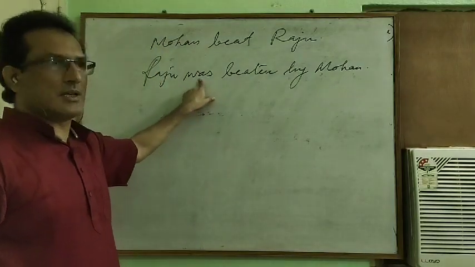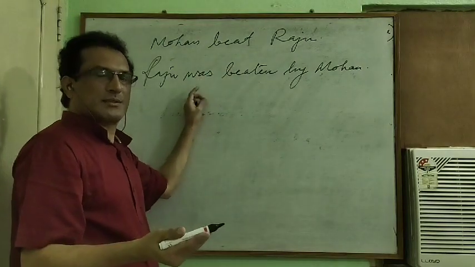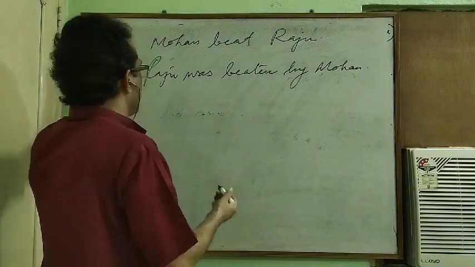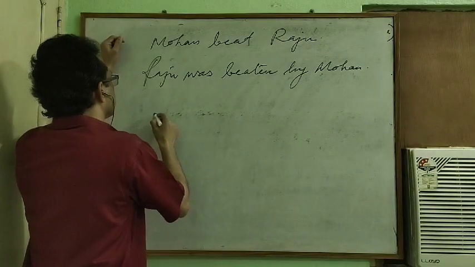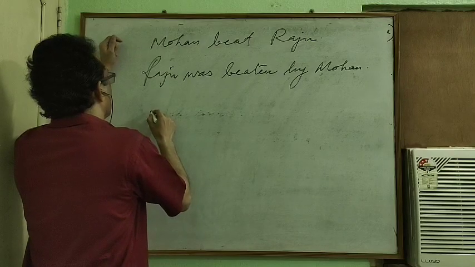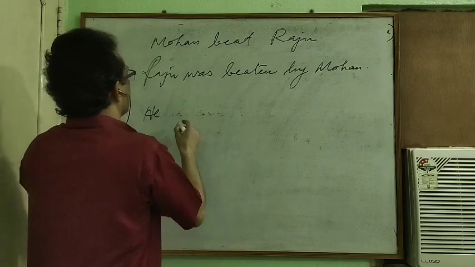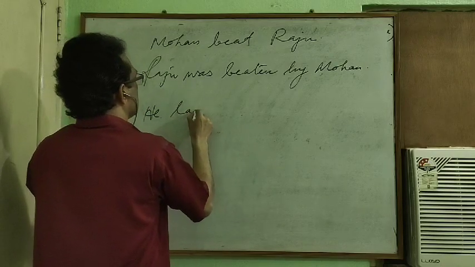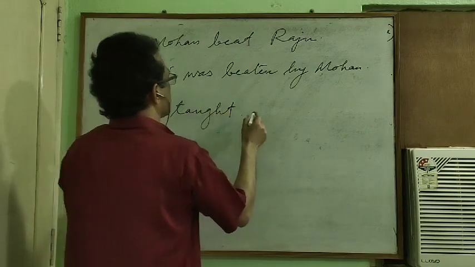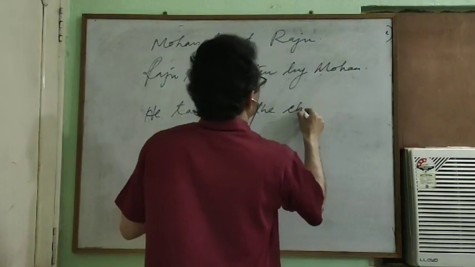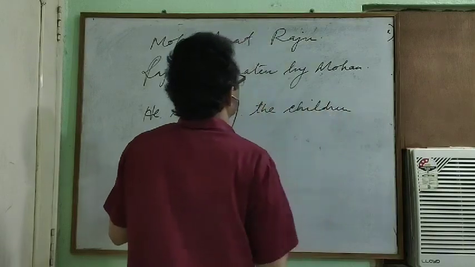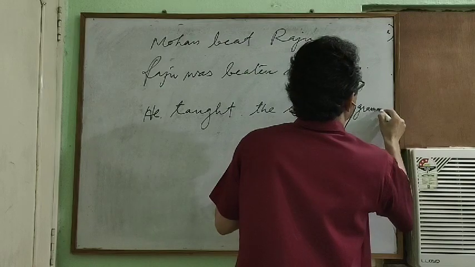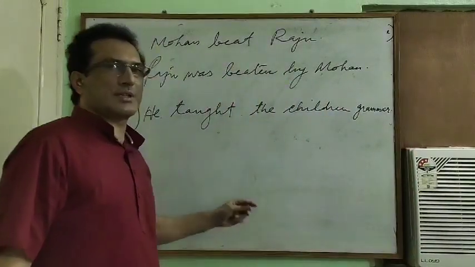Was beaten. Now if the object is plural, then we have to change that into were instead of was. Like for example, he taught the children grammar.